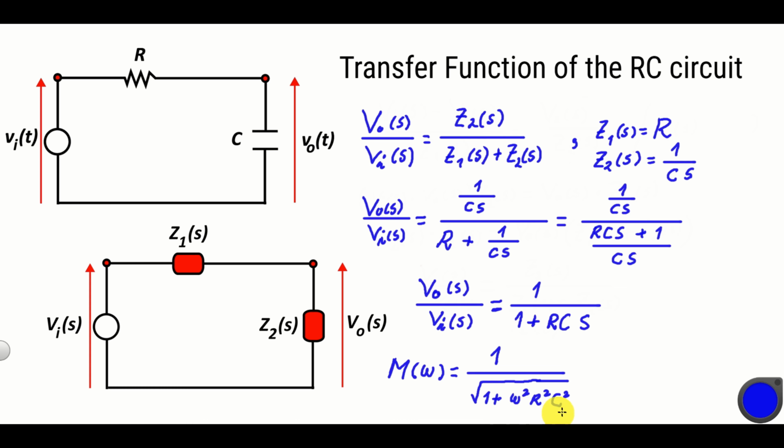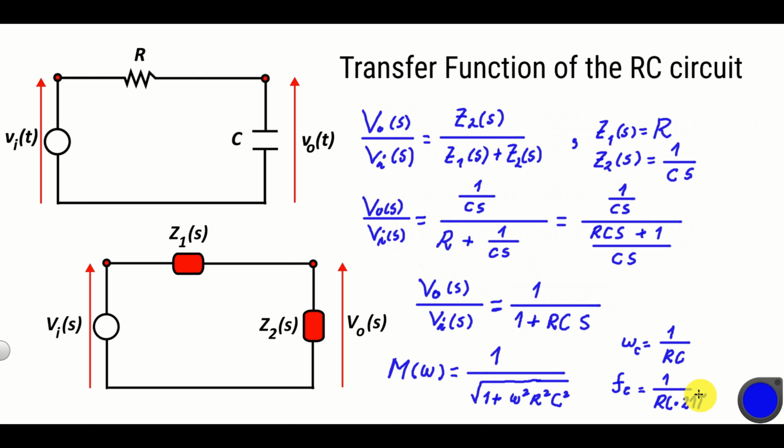That is, this term over here in the denominator has to be the square root of 2. Obviously, this happens when omega is 1 over RC. And this is precisely the cutoff frequency. If we want to get the frequency in hertz, we can simply divide this by 2 pi. So the frequency in hertz is equal to 1 over RC multiplying 2 pi.